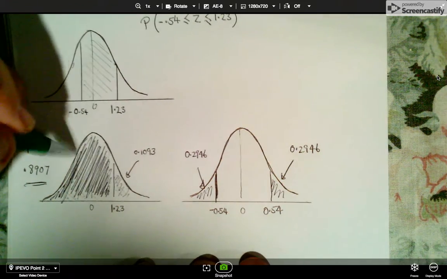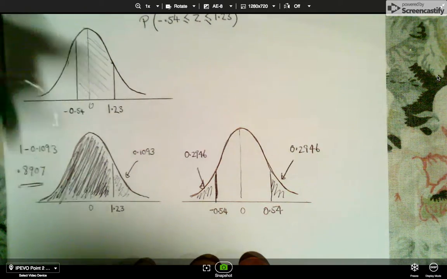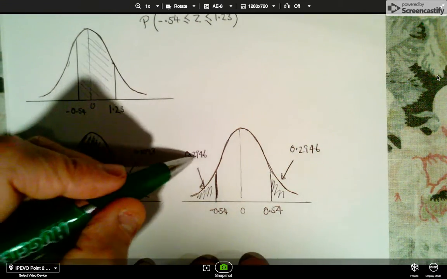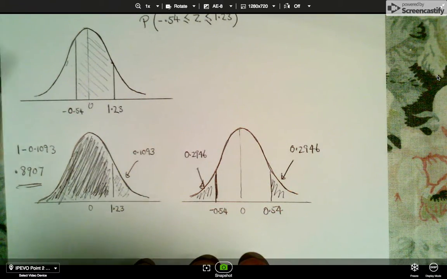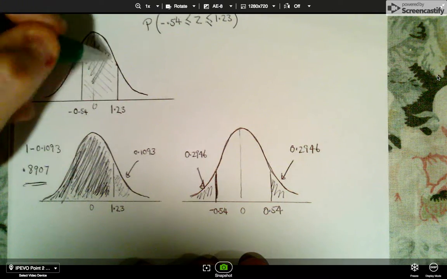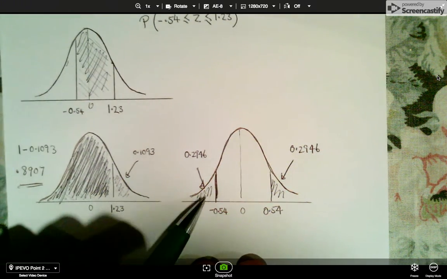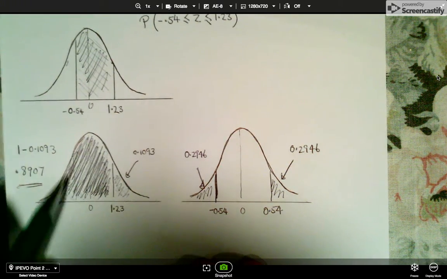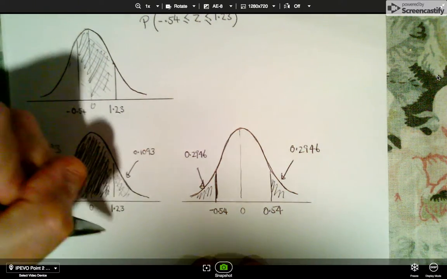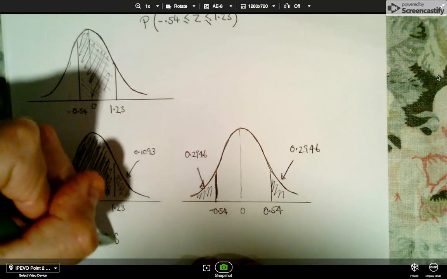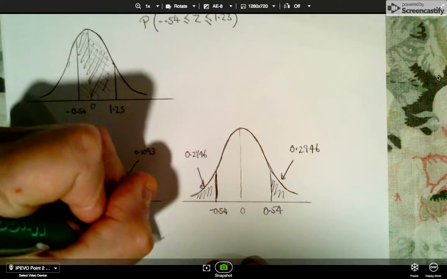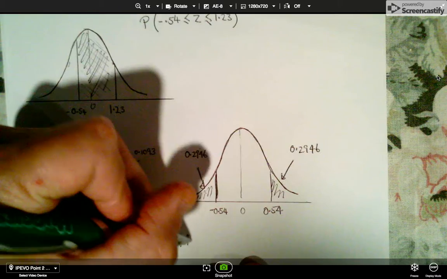So what have we done? We've found the whole area here to be 0.8907. We've found this part to be 0.2946. To find the area that we're actually interested in, we're going to take away that area here, which is equal to that area. So it's just 0.8907 minus 0.2946.